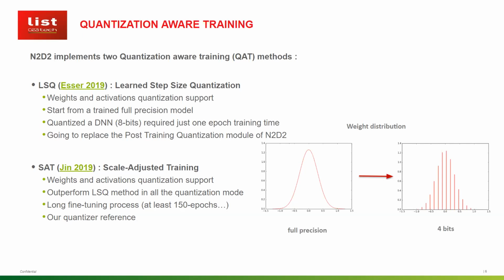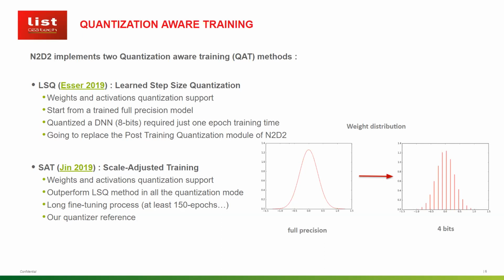So what is nice about the first method, learned step size quantization, is that for 8-bit quantization, it requires just one epoch of training. For example, if our network is extremely huge and heavy, and we just want to see how it would perform in 8-bit, one epoch suffices, and it gives us very nice results. So we think it's going to be our solution to the post-training quantization, which I will discuss just after.